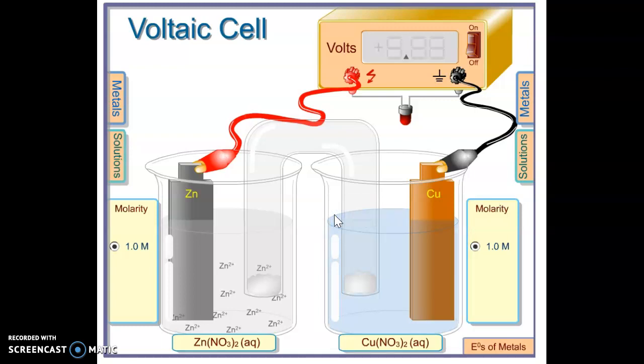Okay, so note the direction of the electrons, the directions of the ions are moving. So this one, the ions were coming off of the zinc. This one, the ions are coming onto the copper. And which way were the electrons moving? Away from the zinc or away from the copper? So note all of that stuff.